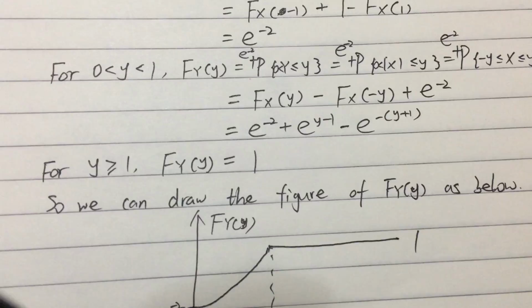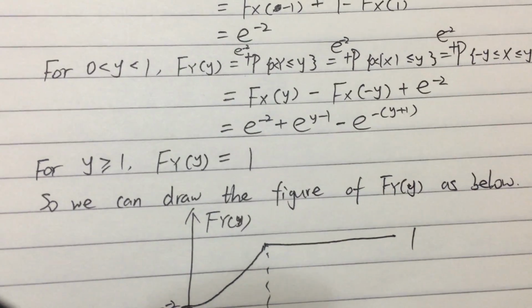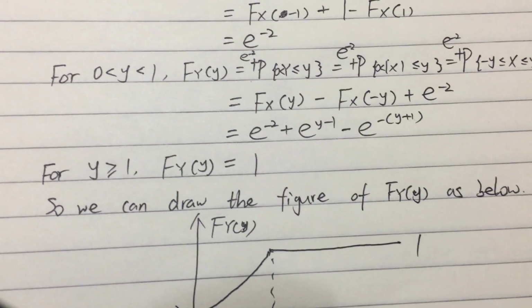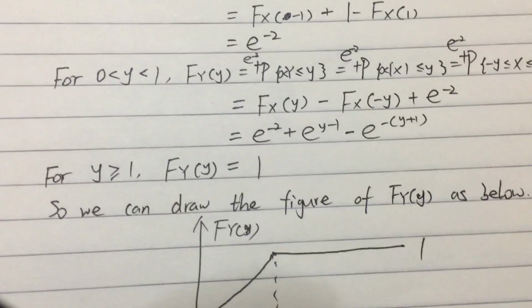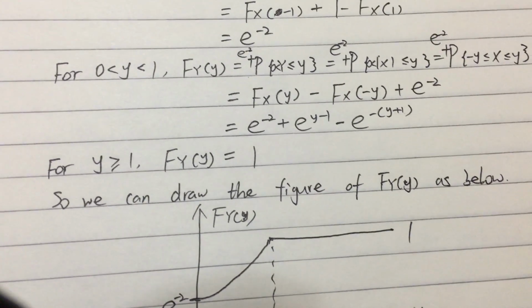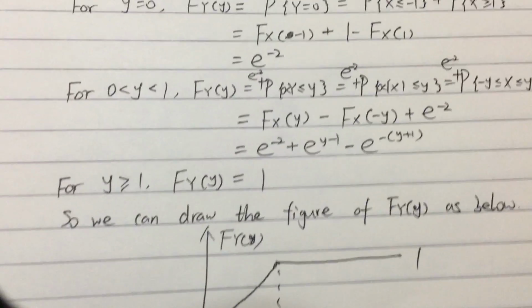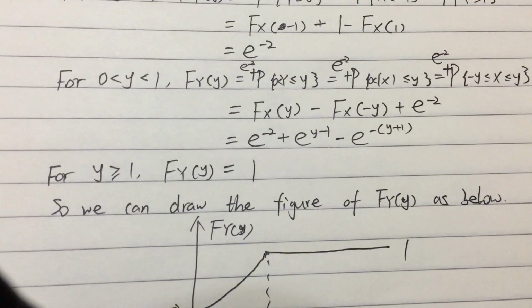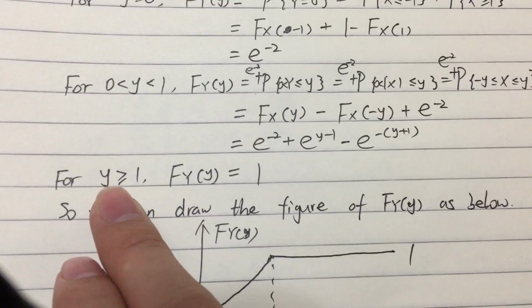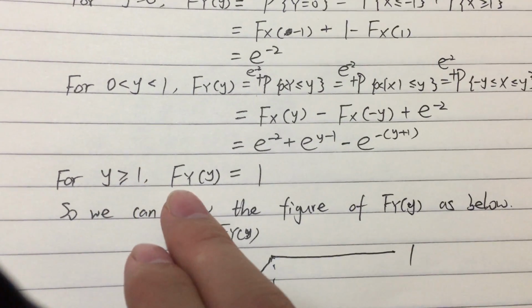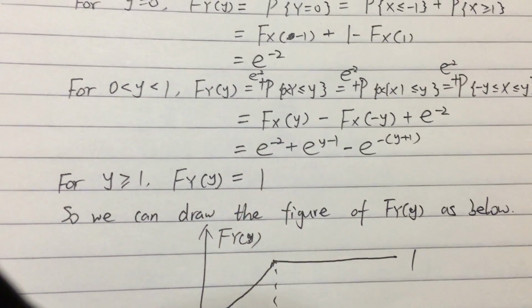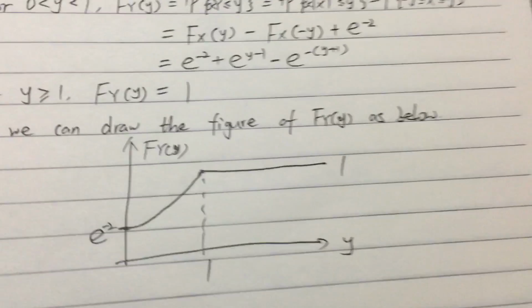And for y larger than 1, because y is always smaller than or equal to 1, for y bigger than 1 the big Fy is equal to 1, because the probability is 1.